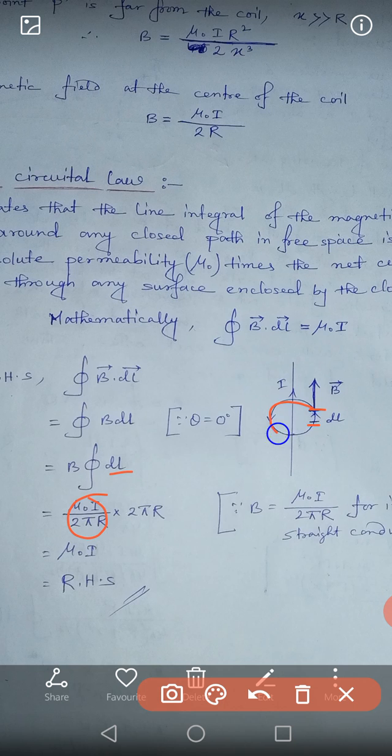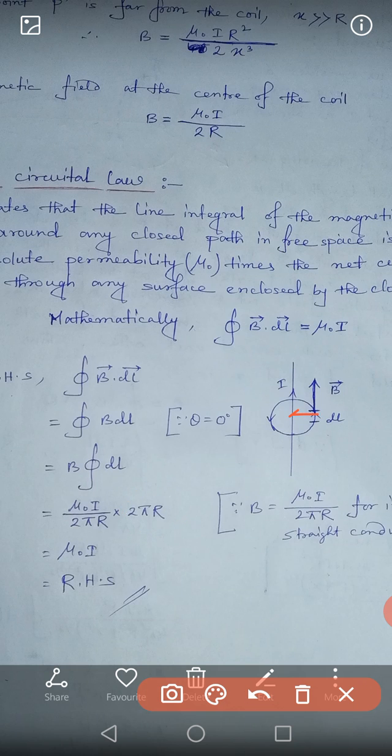If you integrate it through the whole path, then that should cover the whole circumference, which is 2 pi r. Capital R is the radius of this circle. This is the center of the circle, so this is the radius. Okay, so 2 pi r.